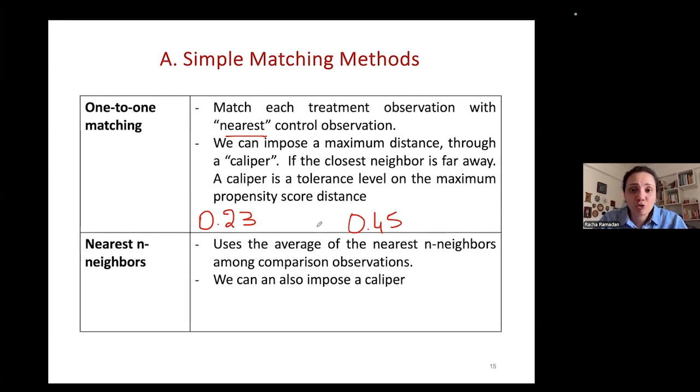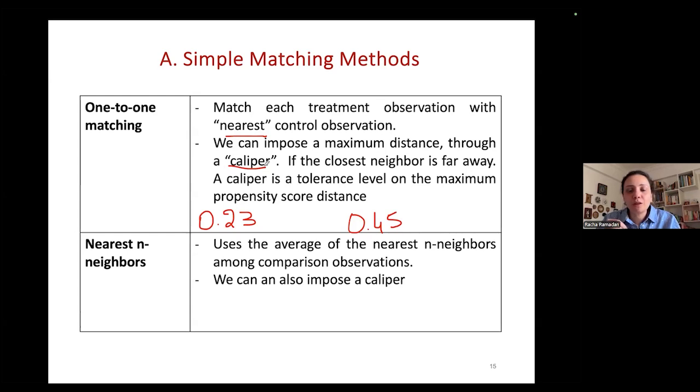STATA also allows us to impose what we call a caliper. A caliper means that I specify a tolerance level. So this treated individual will be matched with the nearest control observation up to a specific point, because I don't want the gap between the treated individual and the counterfactual observation to be 0.5, for instance.